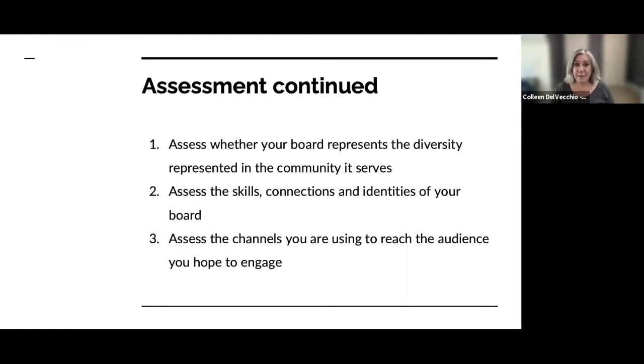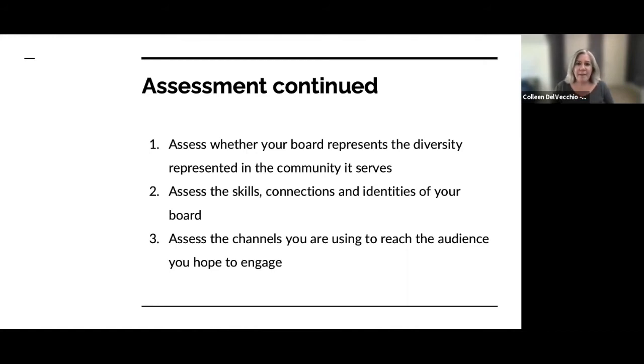And the girls that were being served were mostly Latina because of where this organization was. So it was something that I brought up. The executive director was new, and it was something she brought up. And we really said, we have to go hard and try to find Latinas to be on this board, because we don't have people on the board who are representing the community that we are serving.